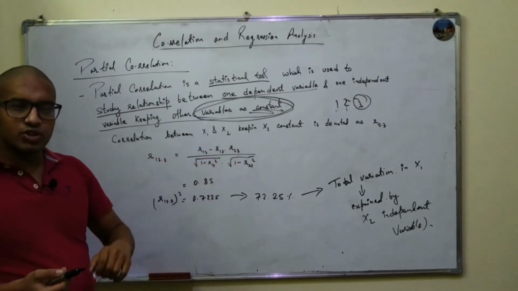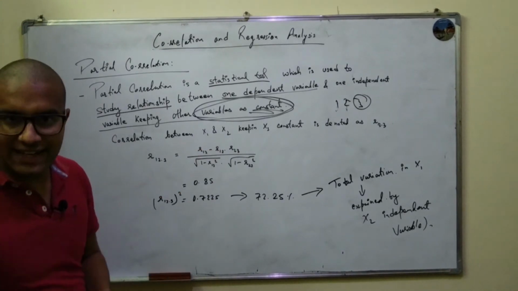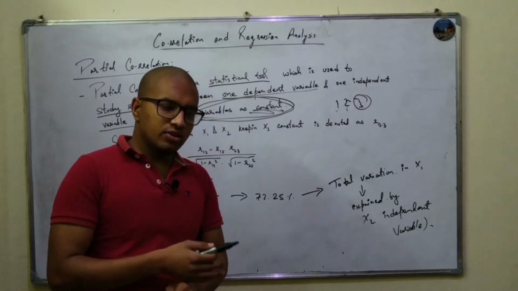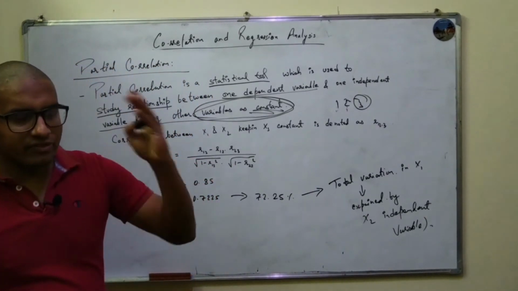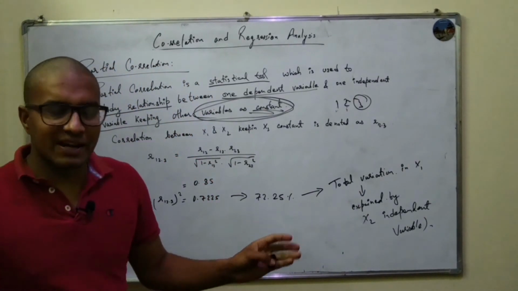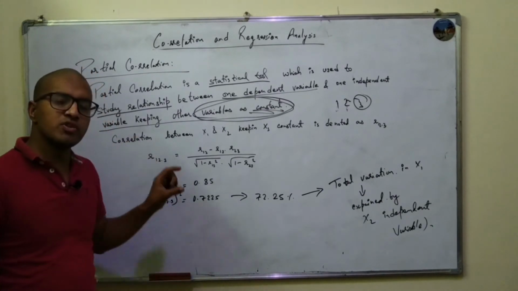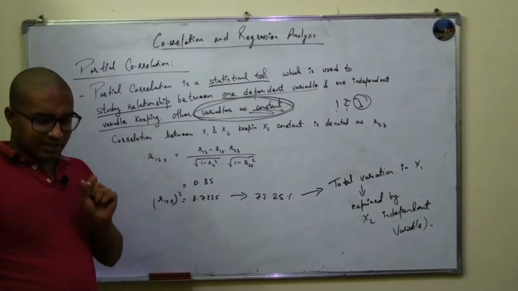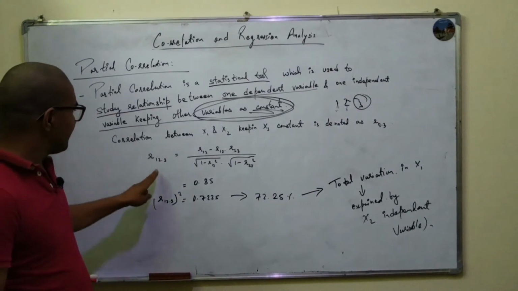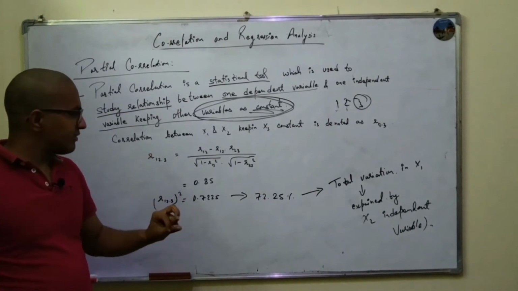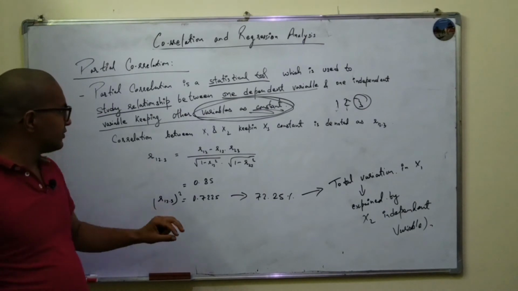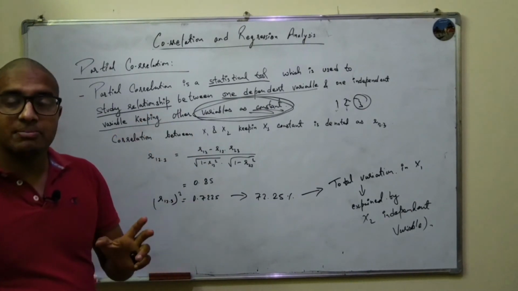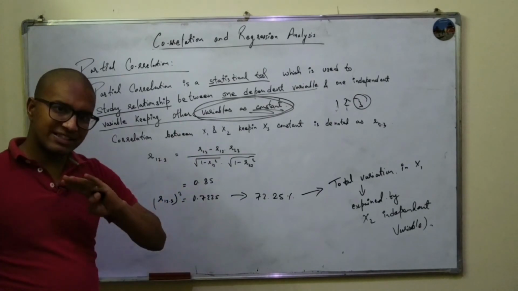Okay, so the correlation between x1 and x2 keeping x3 as constant. You could change the order as well, you could keep the second constant, or the first constant, it does not really matter, only the formula needs to be changed. So it is a relationship between one dependent and one independent variable, keeping other variables as constant.